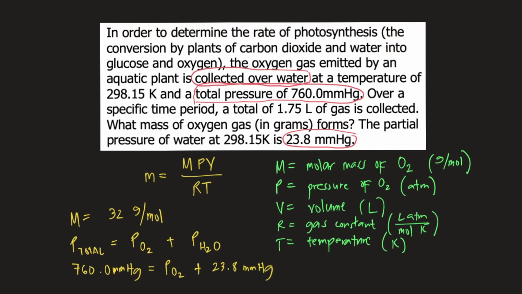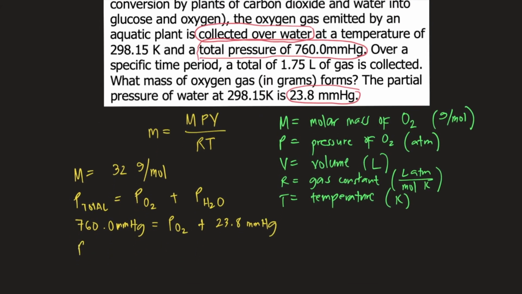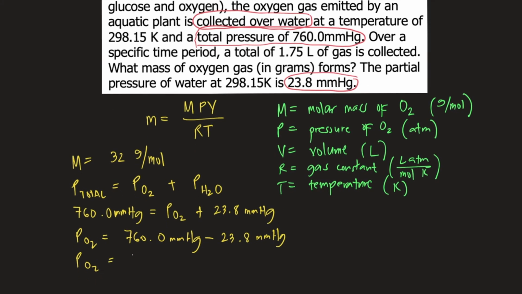If we solve for the pressure of oxygen gas, that is just 760.0 mmHg minus 23.8 mmHg, and the pressure of oxygen gas is equal to 736.2 mmHg.